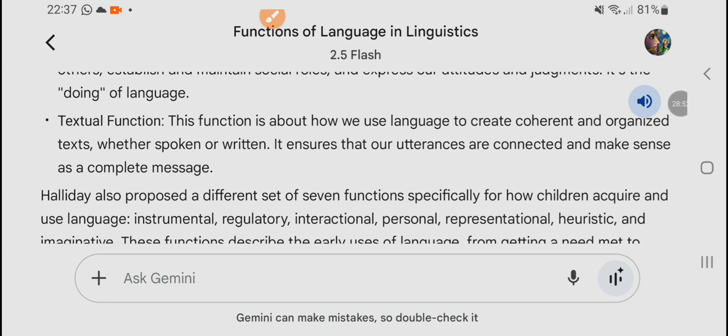So that is coherent and organized language when we use it in speaking or writing. That is called textual function. That is given by Michael Halliday, right? So here we have discussed the functions of language, and the rest of the 7 functions he has given, how a child uses language, will be discussed later on.